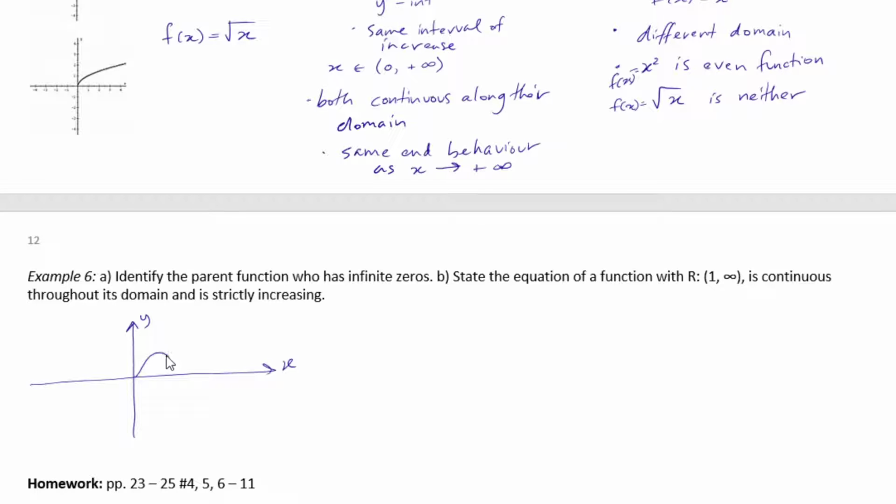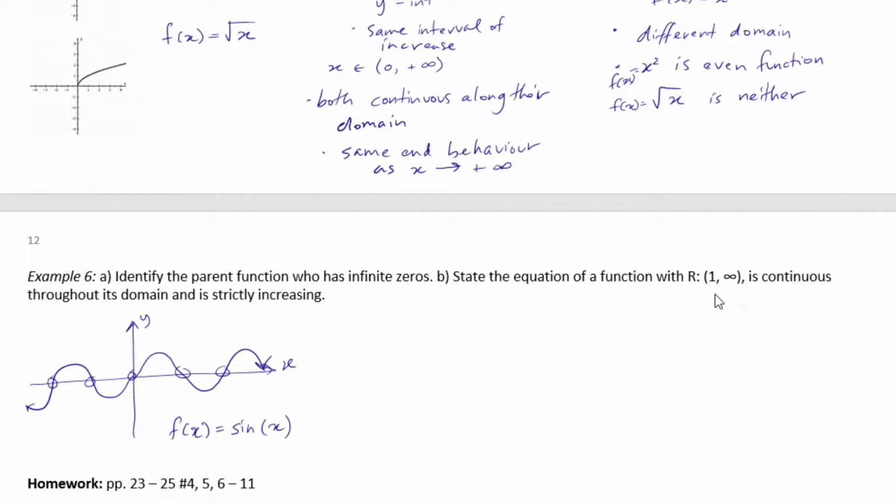And that means your sine function. Right? As you can see, it continues to cross the x-axis again and again and again. So it has an infinite number of zeros. So f of x is equal to sine x. Similarly, you could say f of x is equal to cos x, but remember that the cos x function is just the sine x function with a phase shift of 90 degrees or pi over 2 radians to the left.